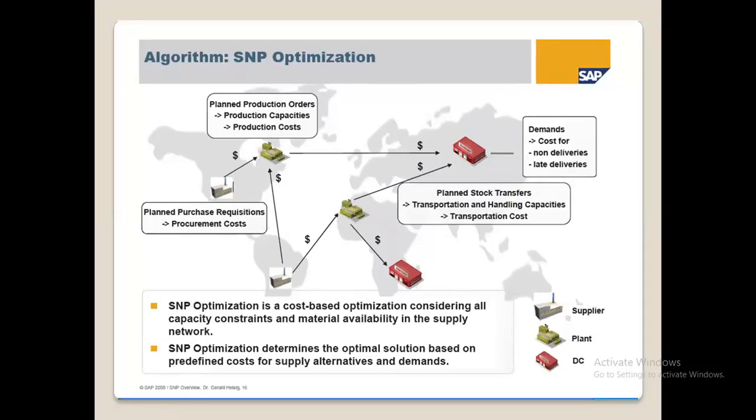Optimizer is also finite planning, but it is cost based planning. For example, the plant is going to generate 1,000 quantities.